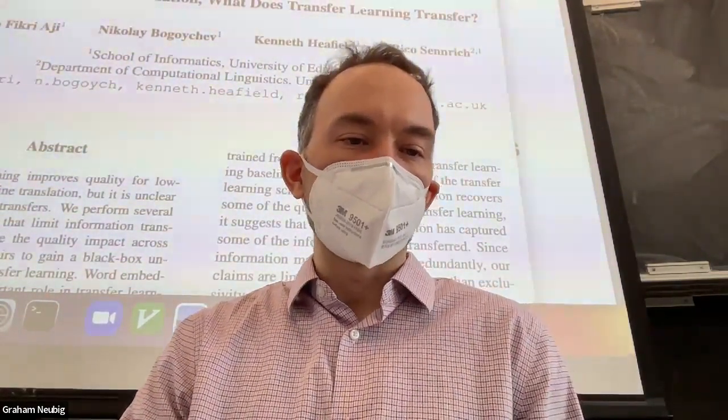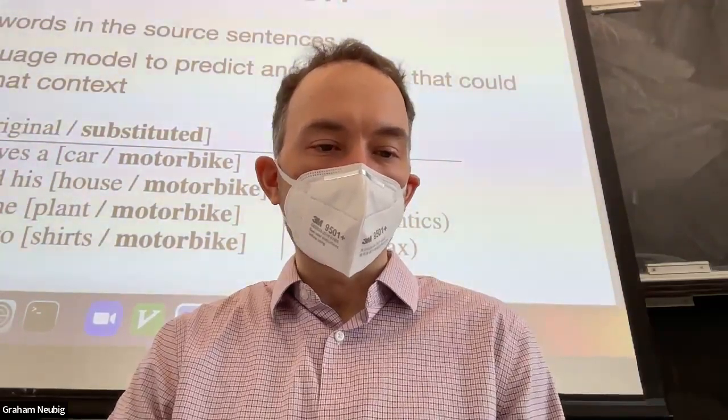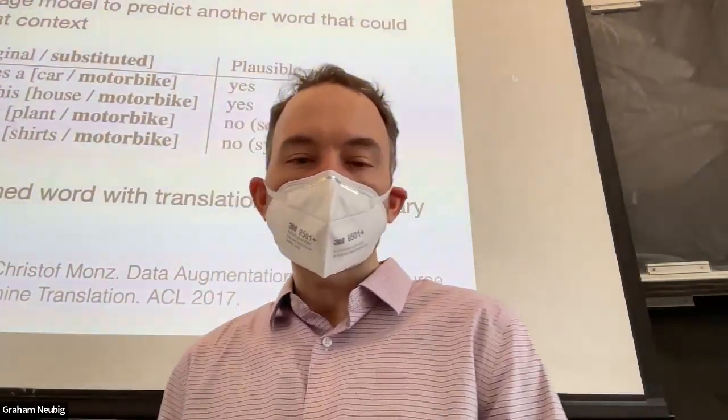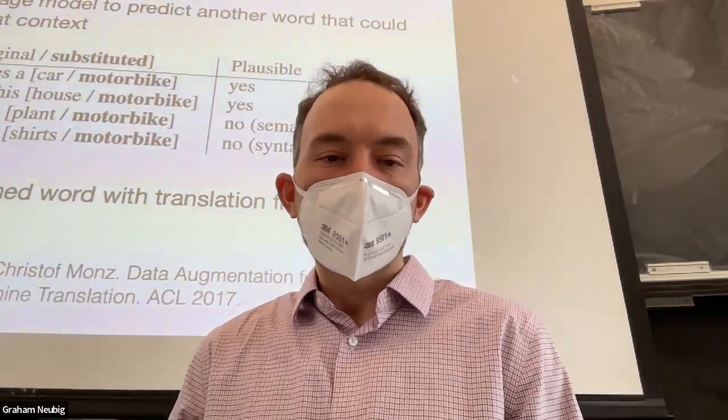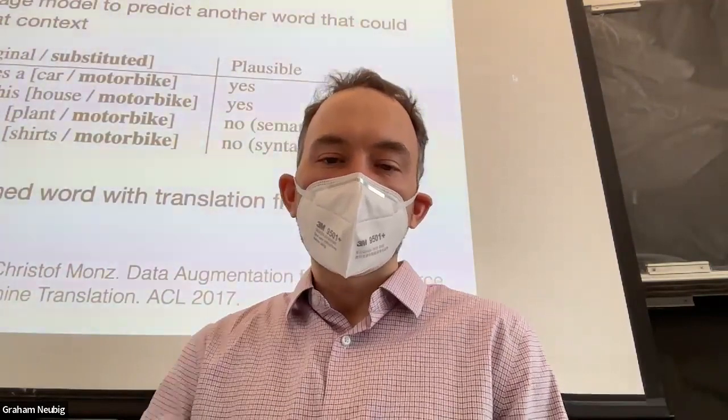Which of course monolingual data copying would also do. And so for the final things, which we're also reading, so we can talk more about them in the discussion, we had dictionary-based augmentation, and dictionary-based augmentation basically finds rare words in the source sentences.